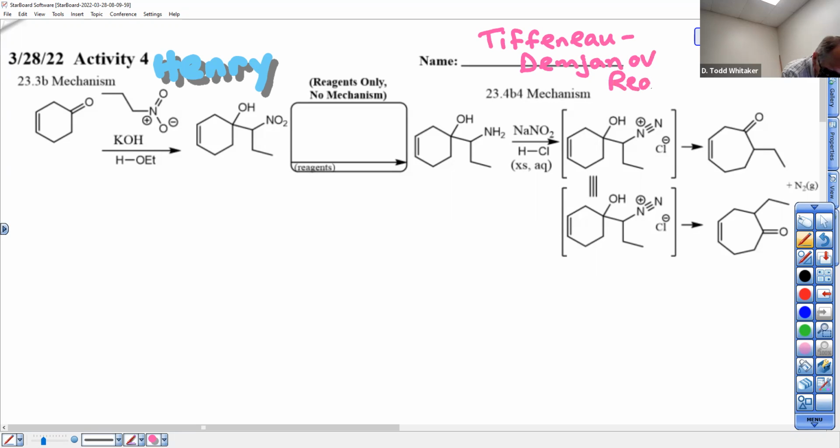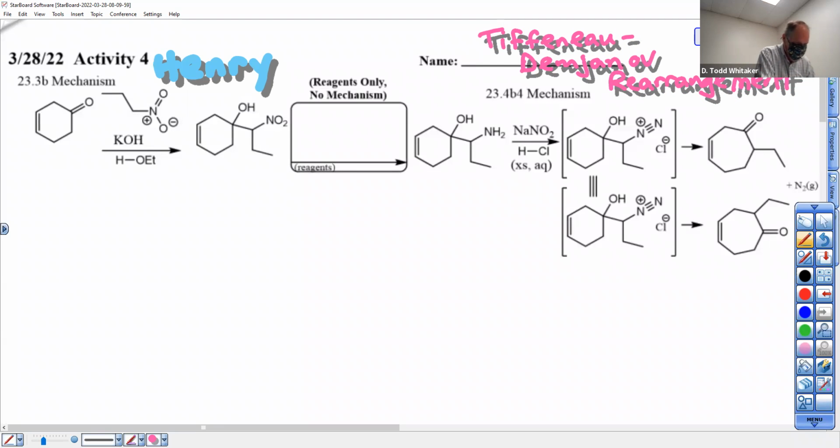And it's got a rearrangement in it. In the shadows, they're lurking. Tiffeneau-Demjanov rearrangement. It's one of the rare times I actually like the name, only for how it sounds. It just sounds poetic. Tiffeneau-Demjanov. It's beautiful. Okay.